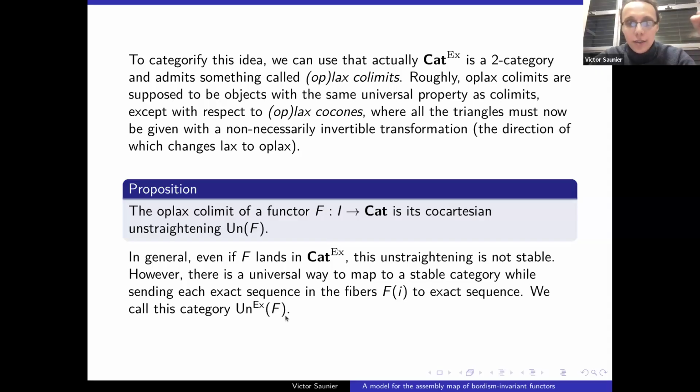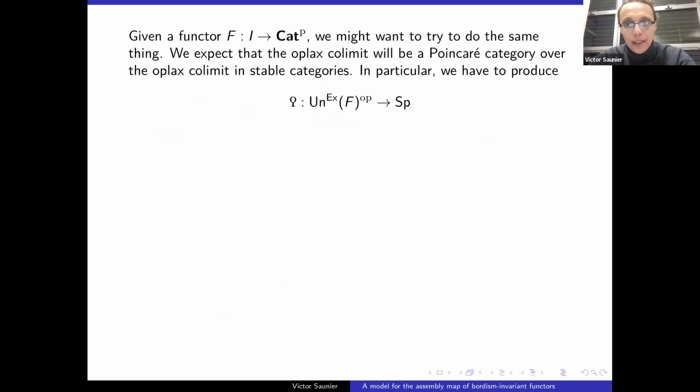So this is the oplax colimit of f as a functor from I to catx, let's say. And now I can start with a functor to cat p, and I might want to do the same thing. Now cat p compared to catx is a significantly worse behaved category. Catx is a very nice two category. I said cat p was a very nice one category. It is, however, a very poor two category.